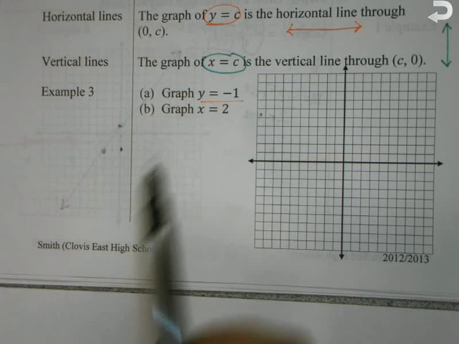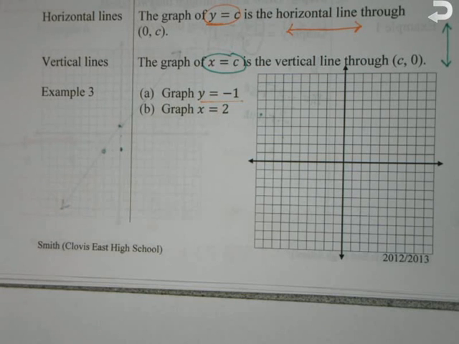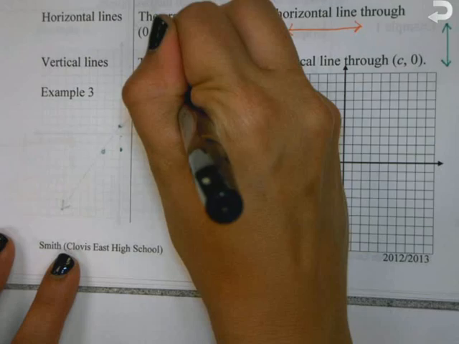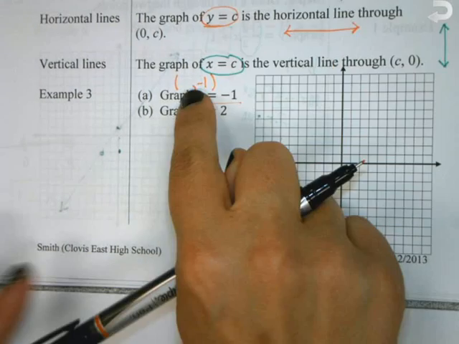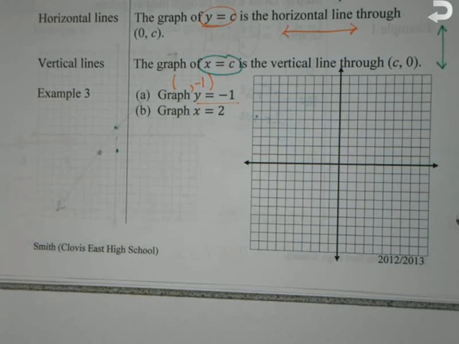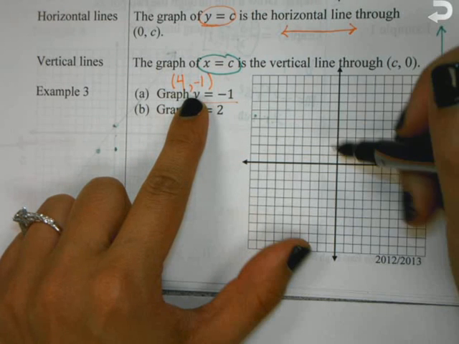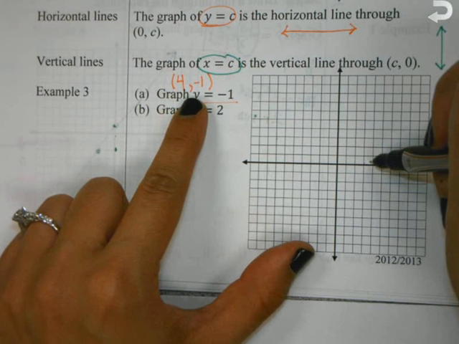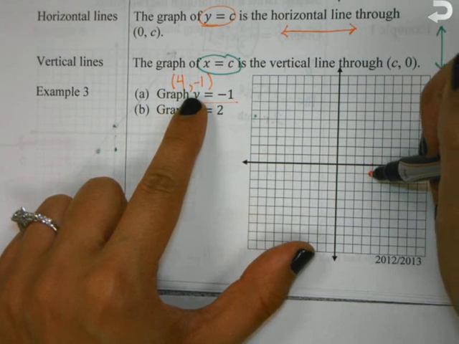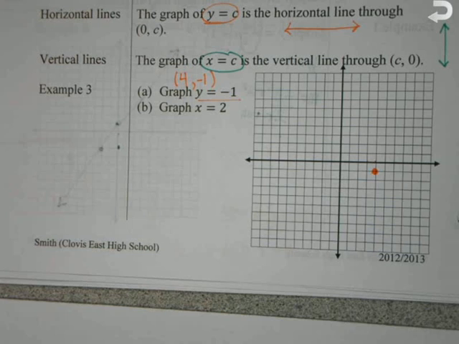So I know that y has to be -1, so somebody give me an x. 4? Okay, so let's graph 4, -1. Will you graph that point? 1, 2, 3, 4, down 1. Okay, now we need 2 points to graph a line, so we need to pick another x for our y of -1.